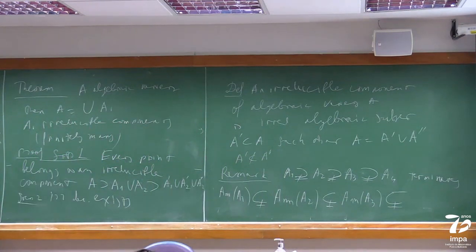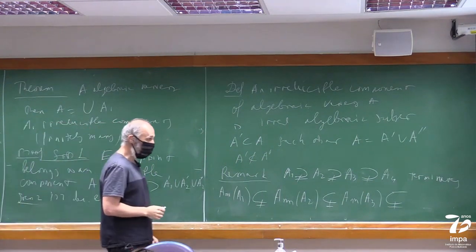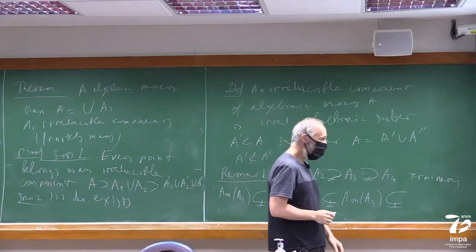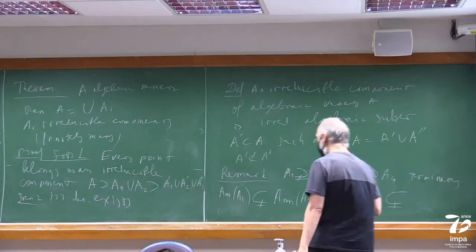Okay, so I'm going to prove that the number of irreducible components is finite. Suppose it's not. Let's number them.